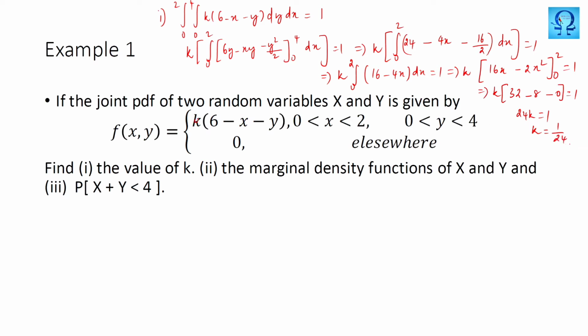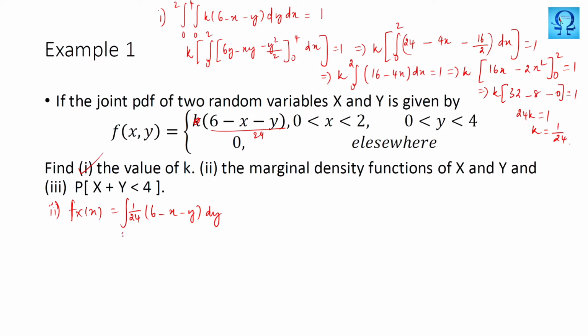Now that k is 1 upon 24, this is your joint PDF. So the first thing is done. Now we are asked to find the marginal density functions. That is, your f_X(x). You will have to integrate 1 upon 24 times (6 minus x minus y) with respect to dy, where y takes the limit 0 to 4.